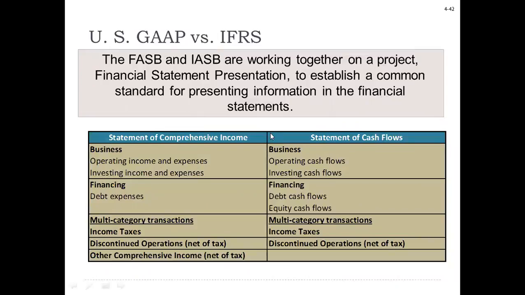Just touching upon this project: the FASB, Financial Accounting Standards Board, who come up with US GAAP, and the IASB, International Accounting Standards Board, who develop IFRS. Those two bodies are working together to try to come up with some kind of common standard that everyone in the world can follow.